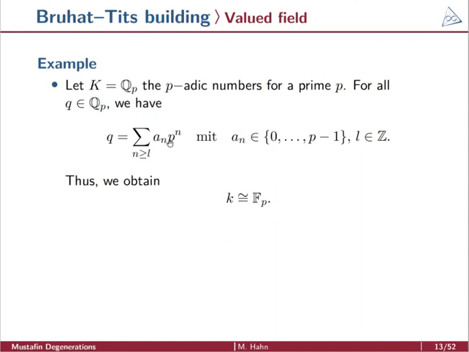For the series expansion to be unique, we may choose these a_n in 0 to p minus 1. And this already tells us, once again by a semantic argument, that the coefficient field of the p-adic numbers is going to be the field with p elements. So this illustrates what these discretely valued fields do in the algebraic geometry setting.